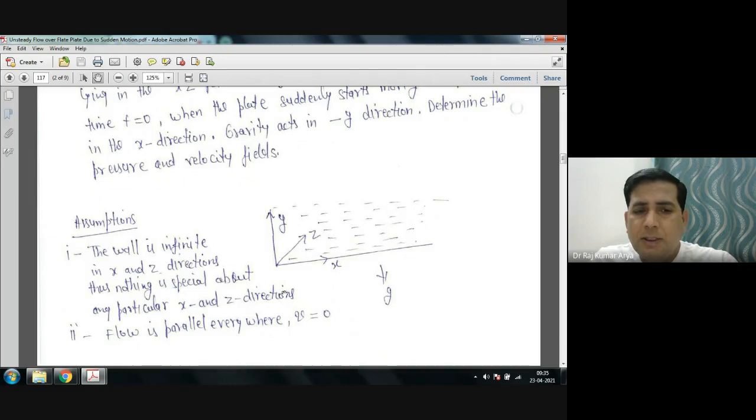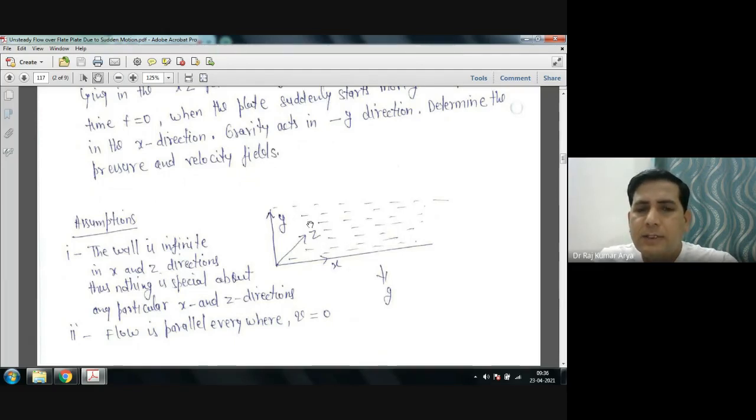Now the flow is parallel to the plate everywhere, so you are just moving your plate with some constant velocity. In the beginning, at t equal to 0, velocity everywhere is 0, and then suddenly you set this plate in motion with some velocity.